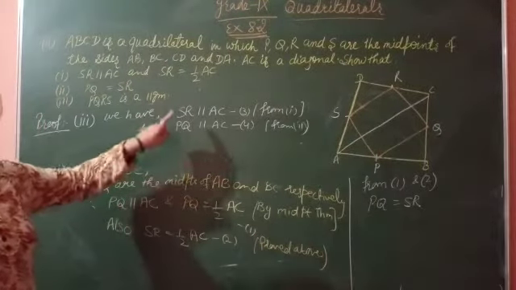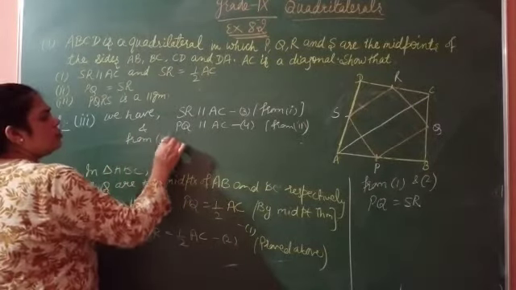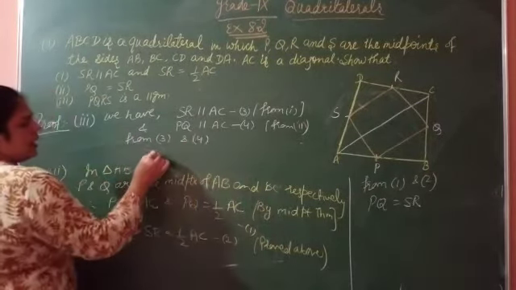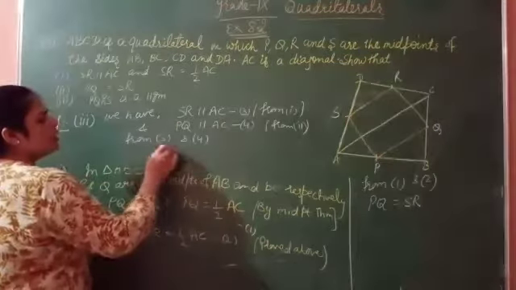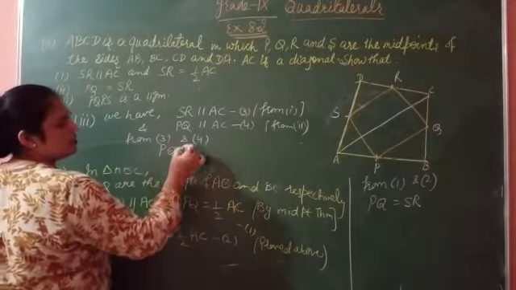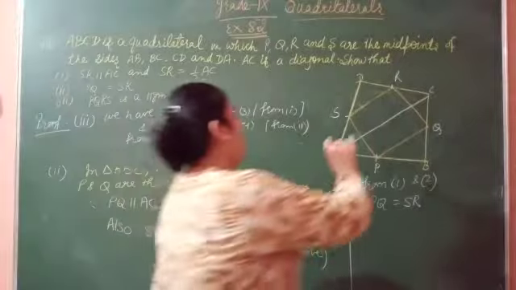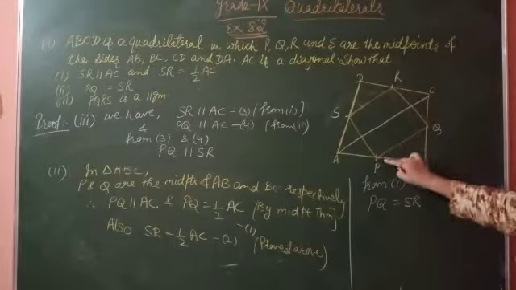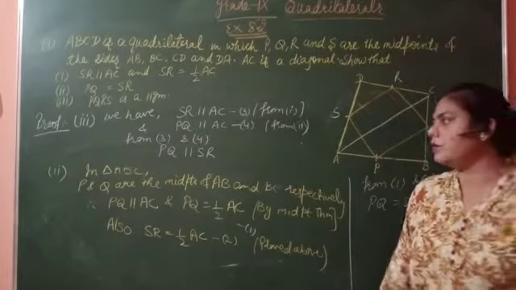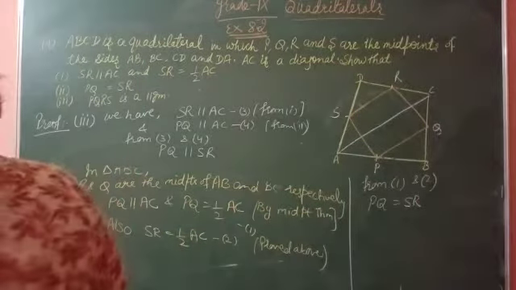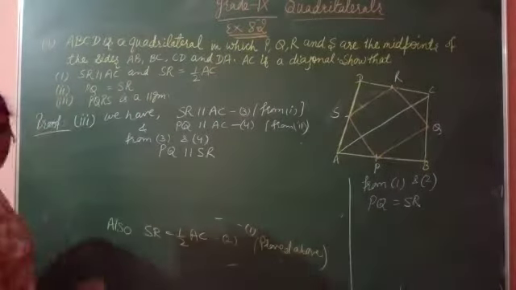So from third and fourth, we observe SR is parallel to AC and PQ is parallel to AC. So that means PQ is also parallel to SR. And also we have PQ equal to SR, which we proved in our second part.